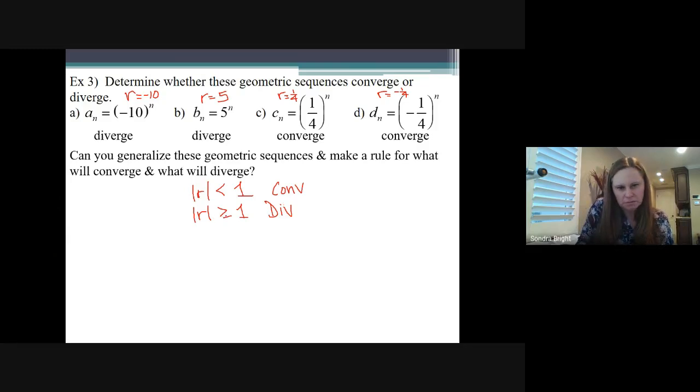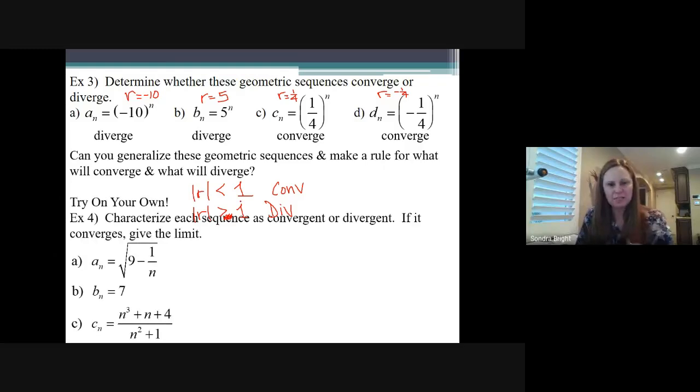So let's get rid of that. It's not a geometric sequence if it's just a 1. All right, so hopefully you remember those rules, right? We could find the sum of a geometric series when the absolute value of r is less than 1. It doesn't matter if it's negative or positive, right? It converges.